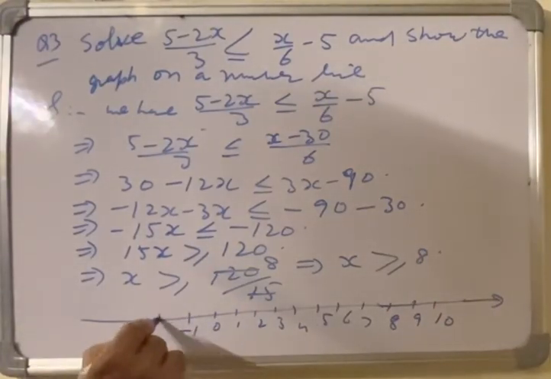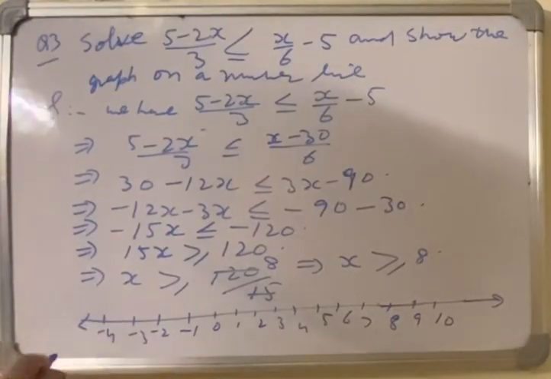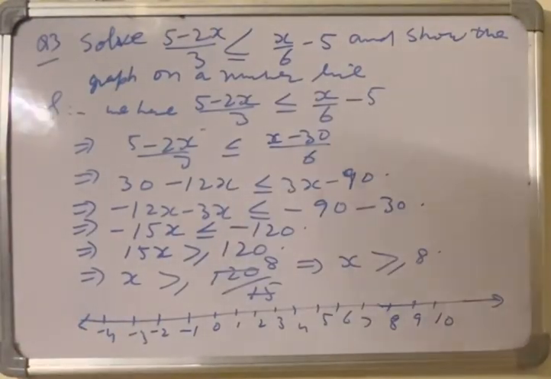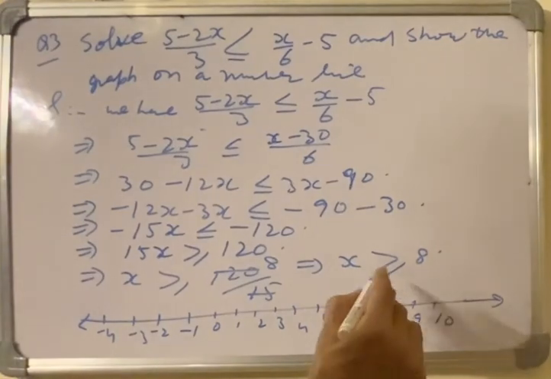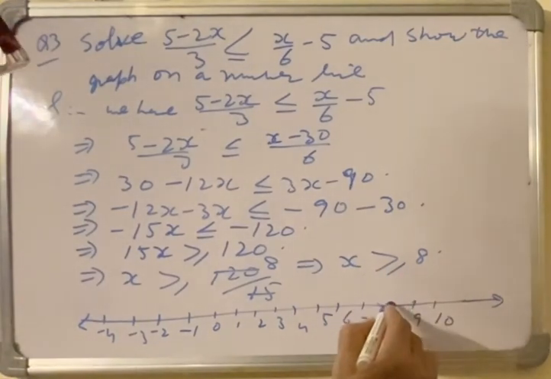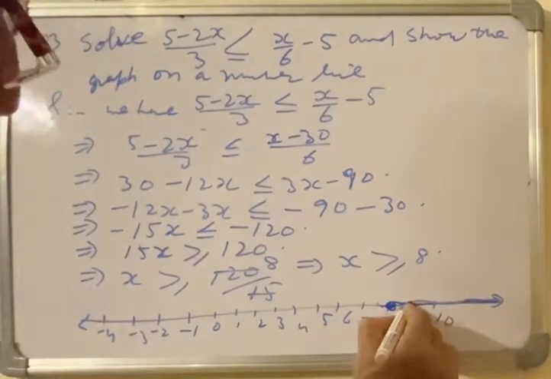Similarly, minus 1, minus 2, minus 3, minus 4, so on. It is greater than equal to 8. So this is equal to, because it's equal to, so you will dark it. And greater than, you will dark this portion.